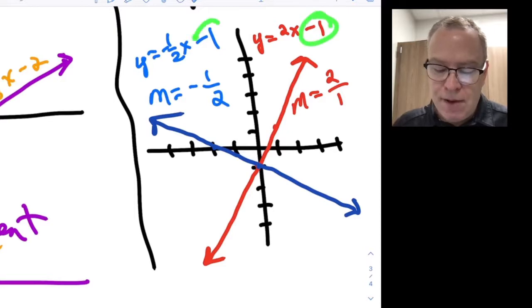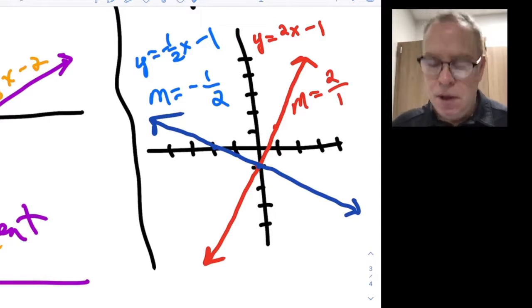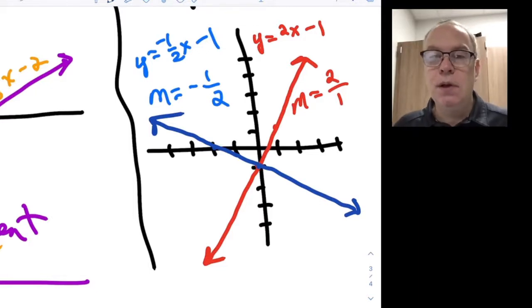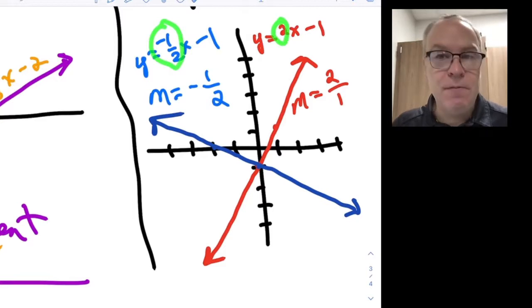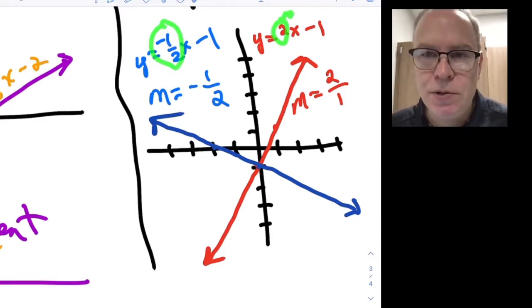So they both happen to have the same y-intercept. That was just an accident here. That's not always the case with perpendicular lines. But I do want you to notice that the red line has a slope of 2. The blue line is a -1/2 slope. So the slopes are the things that are going to be different, but they're not just going to be randomly different. They're going to be opposite reciprocal slopes.